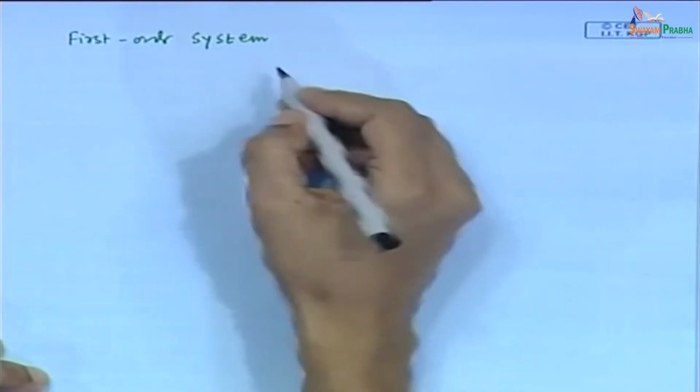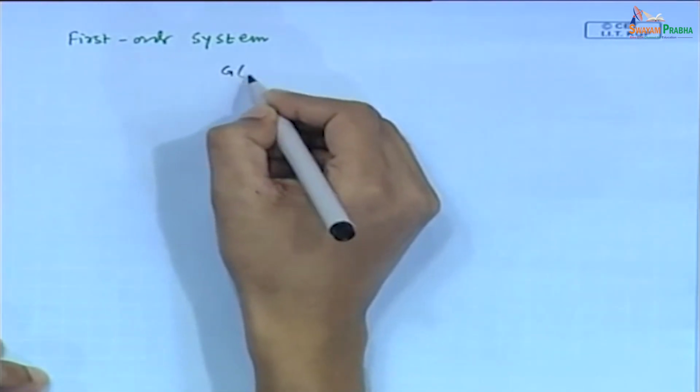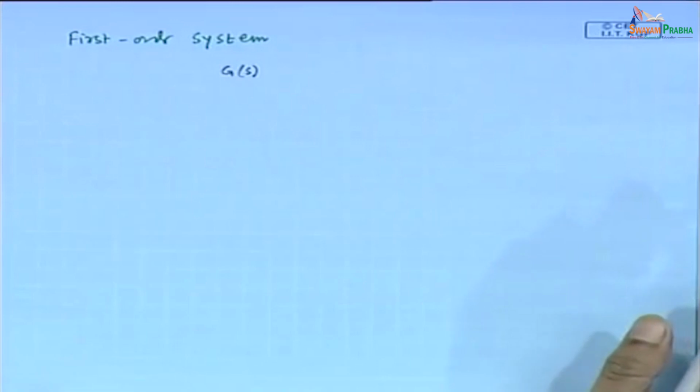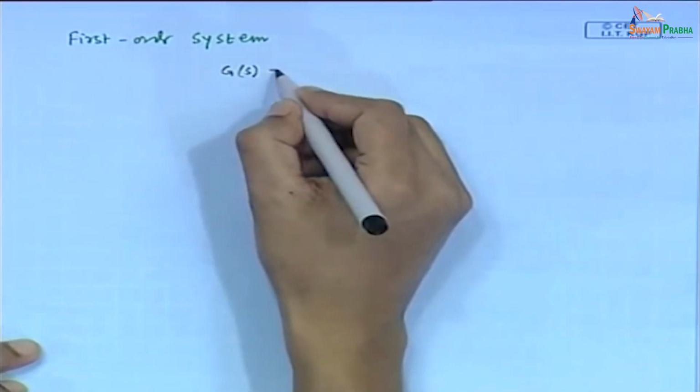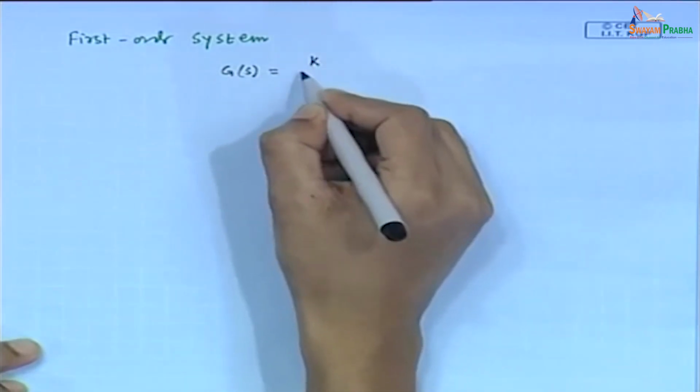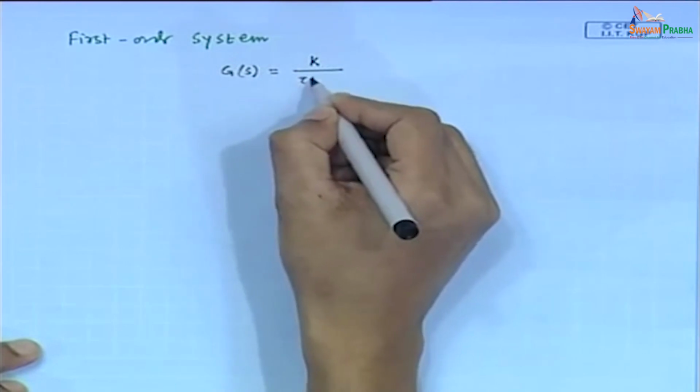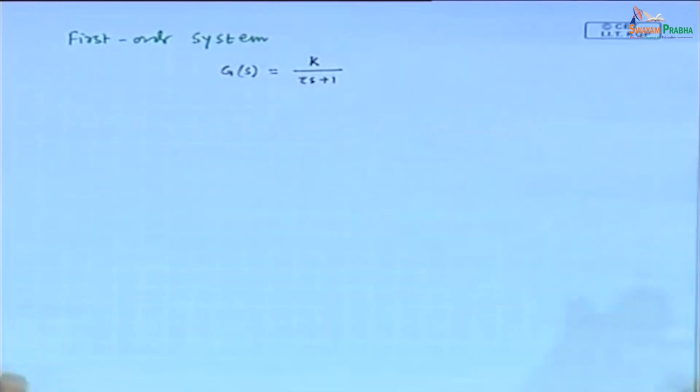The transfer function of a first order system is given as G(s) equals K divided by tau s plus 1. K is the steady state gain of the first order system and tau is the time constant. Now, you proceed step by step.